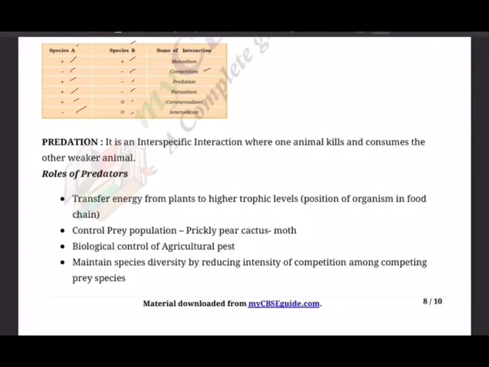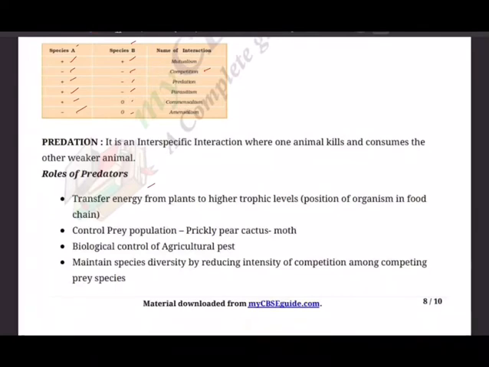As we move ahead, the pyramid becomes narrower, and the top ones will be there in the corner. So at higher trophic levels, as we move up the position of the organism in the food chain, the energy will be highest.